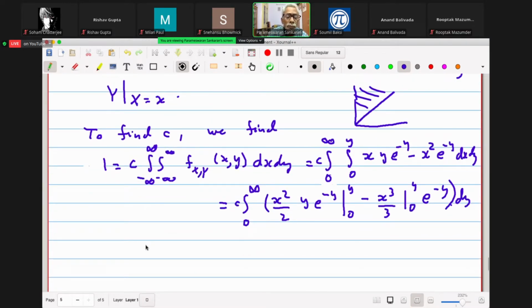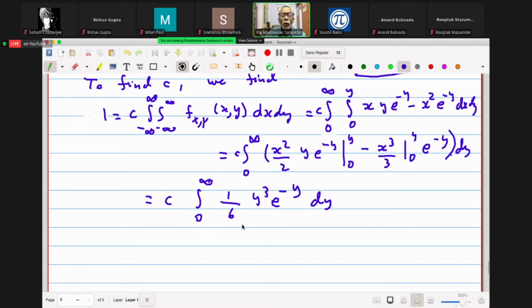So this whole thing is equal to c. I don't think it simplifies so much, but anyway, I will always get y cubed, times 1 half minus 1/3, that is 1 by 6. So I get 1 by 6 times y cubed e^(−y) dy.